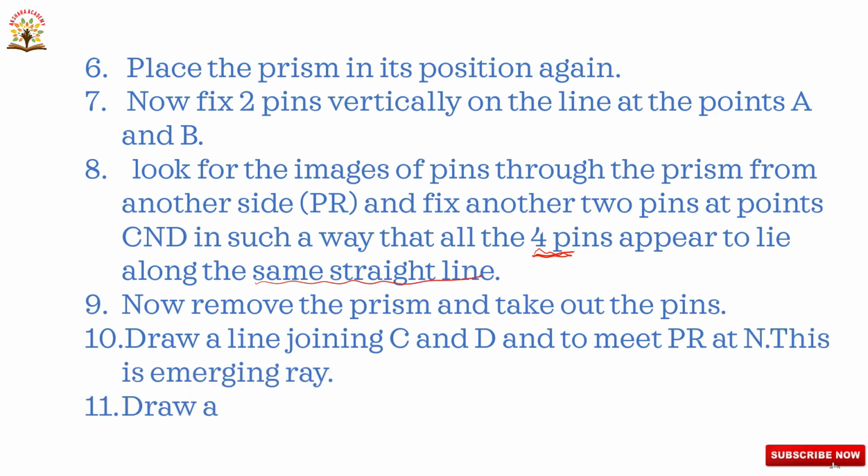Now remove the pins and take out the prism. Draw a line joining C and D to meet PR at N. This is known as the emerging ray or emergent ray.